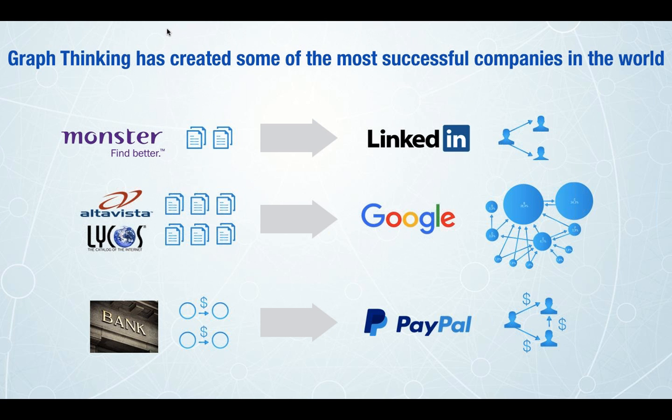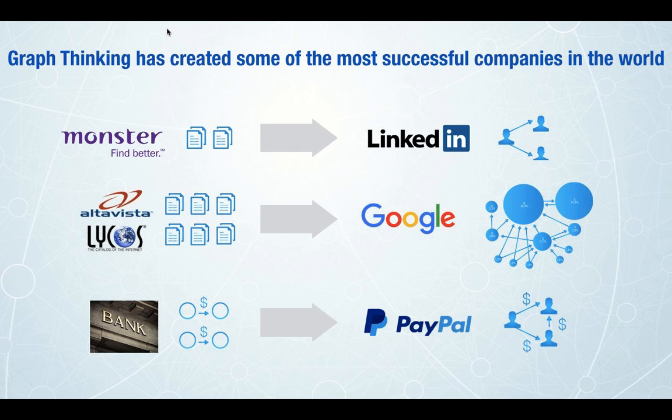But it was Google who had the simple insight that the relationships between the pages are what actually mattered. It didn't matter what was in the content of the page itself, what the page claimed to be an authority about and to have the most relevance for. Google realized that what really mattered is that if other pages thought that page was important about something, the relationships would actually determine the ranking.